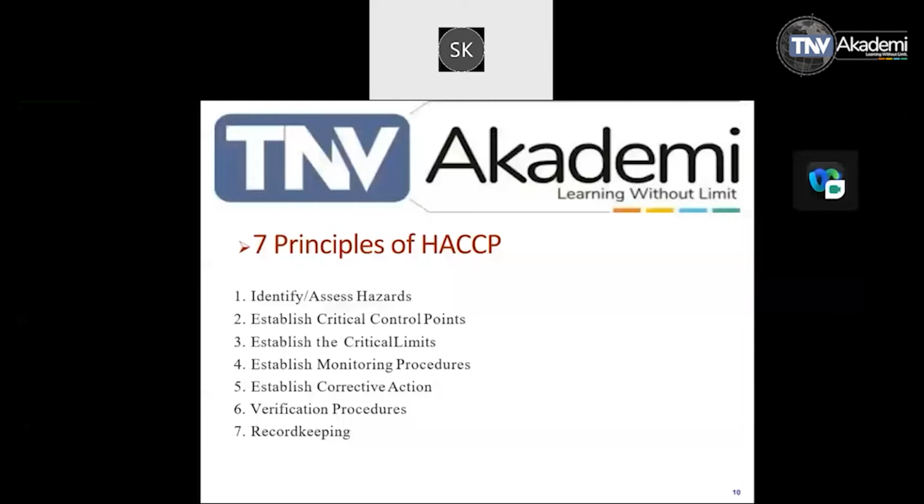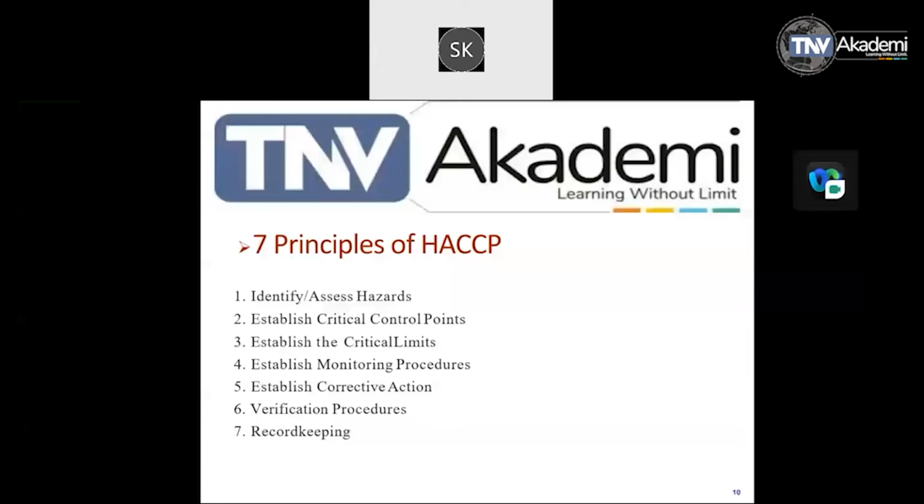Once you make a critical limit, then you establish a monitoring procedure. So there should be a failure and a non-failure, a deviation, conformity and non-conformity. When any non-conformity is coming through the process, the raw material, the finished good, or the in-process, action should be taken.